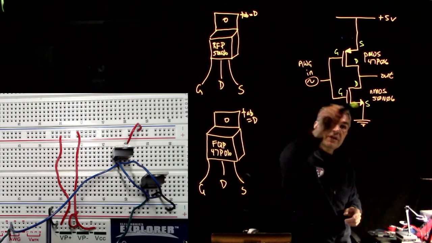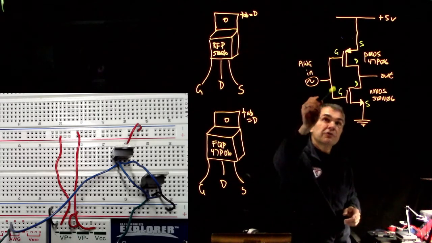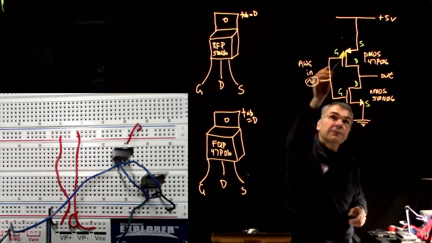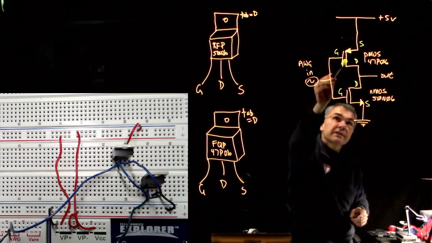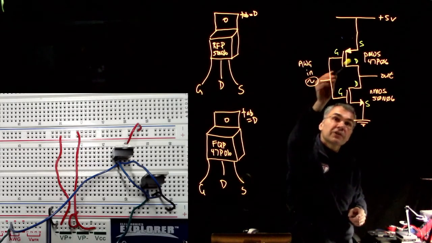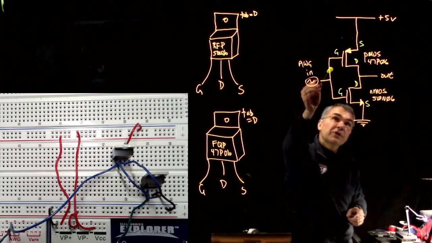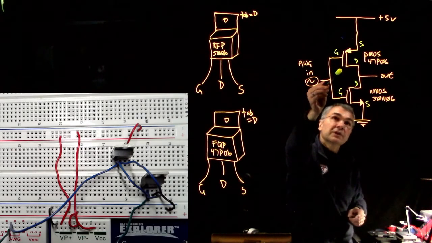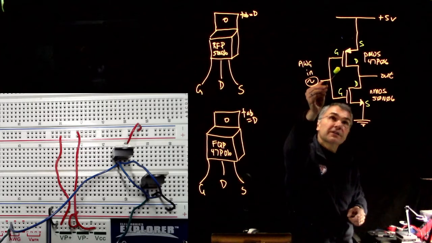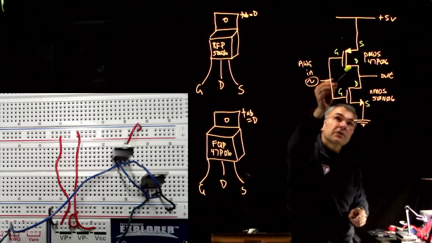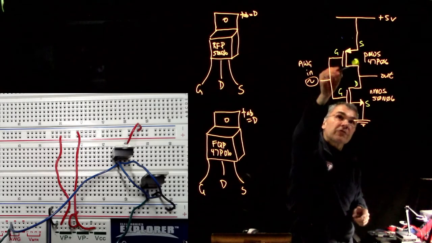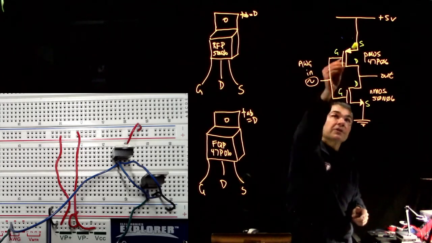So input is high, the output is low. If the input is low, then here you have VGS below V threshold. That's what you want to turn on this PMOS FET. So then you get a low resistance between drain and source on the PMOS FET, so the output is high.